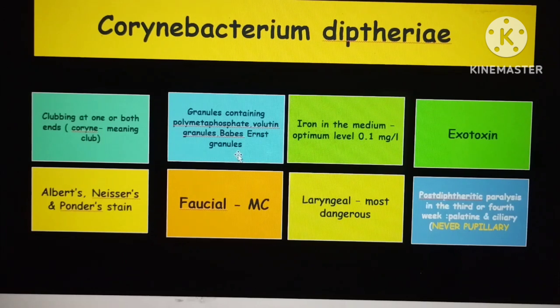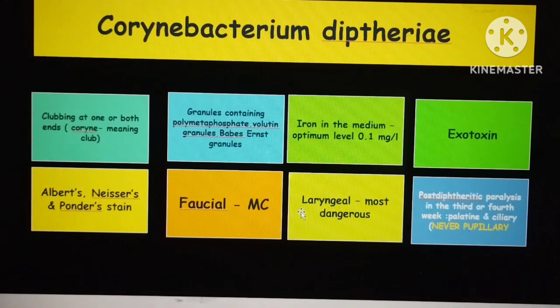The powerful virulence factor is an exotoxin with A and B subunits, similar to Pseudomonas aeruginosa. The special strain is called PAN, Park, Williams and Neisser strain.